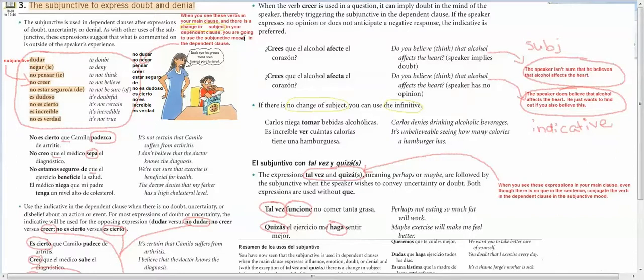Okay, and these guys over here, when you see them in your main clause, you're going to use the indicative.